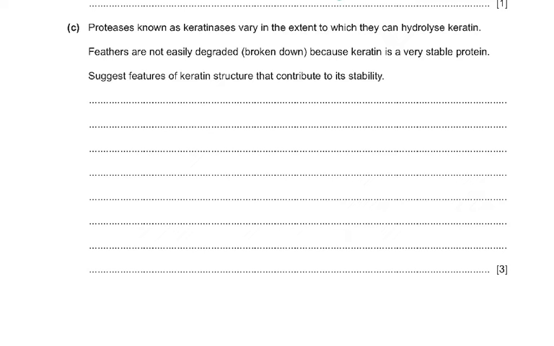Keratin is a fibrous protein, so it is insoluble, which means it does not dissolve easily. Then there's a high proportion of disulfide bonds, and disulfide bonds are covalent bonds, so very strong bonds. Then there's a high proportion of hydrogen bonds between the polypeptides. Then there are many hydrophobic interactions.